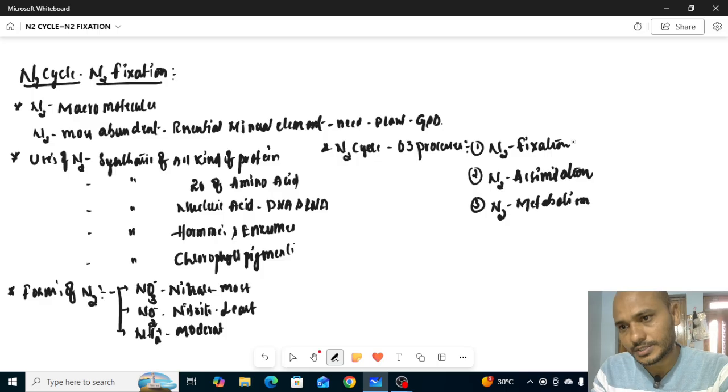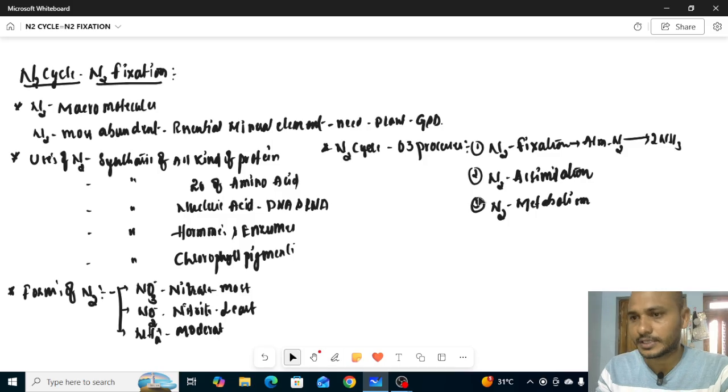In nitrogen fixation, atmospheric nitrogen is converted into ammonia in the presence of the nitrogenase enzyme. In the nitrogen assimilation process, ammonium is utilized by the plant.